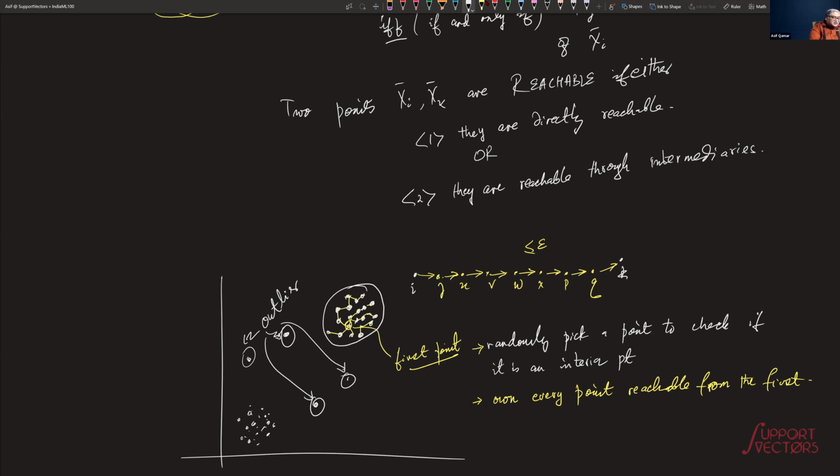But after a little while, you'll end up picking, let's say, this point, and once you make reachability arguments, it will fan out in some path like this. It will end up owning this cluster, right? So this will become cluster, let's say A, and this will become another cluster.